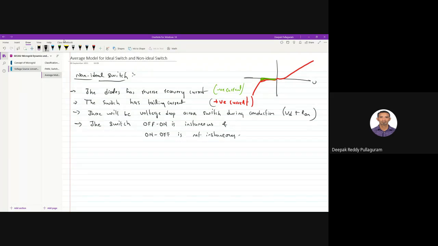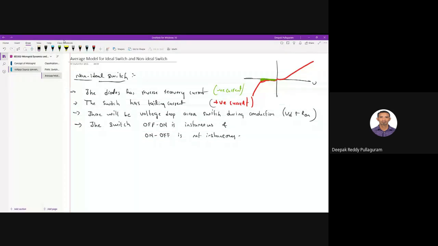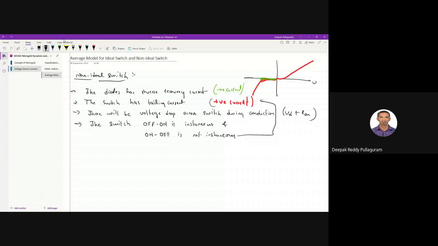This fourth one is because of the existence of reverse recovery current and tailing currents. Is that clear, all of you? These are the few assumptions. We are ignoring them and will try to do the analysis.